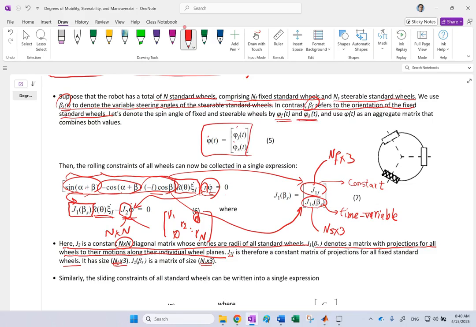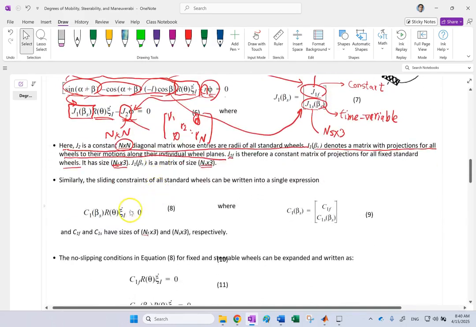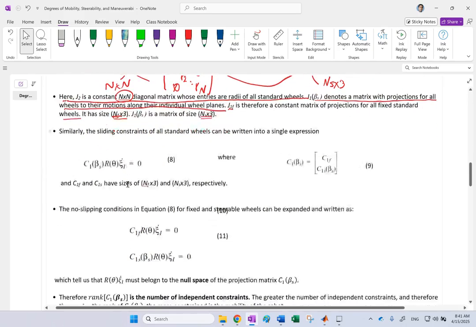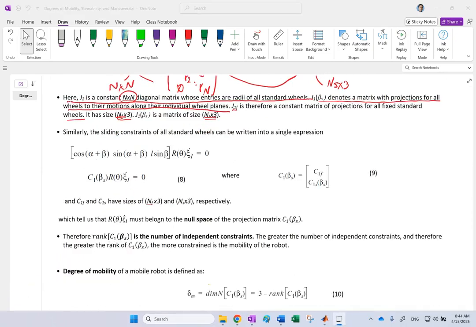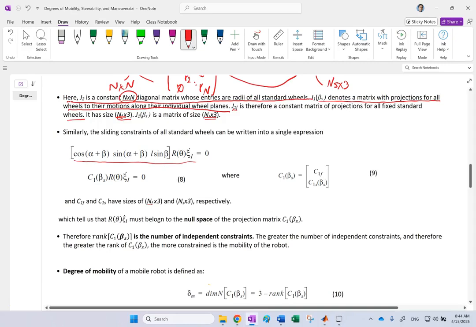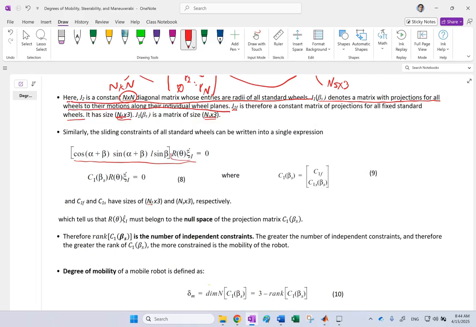Now as I said, for sliding on the lateral side, we can have a similar equation. For the lateral sliding, if you remember, for fixed wheels or steerable wheels, this was the equation where beta could be constant or variable. And again, this portion r theta of xi dot times xi dot I is this projection part, this 3 by 1.